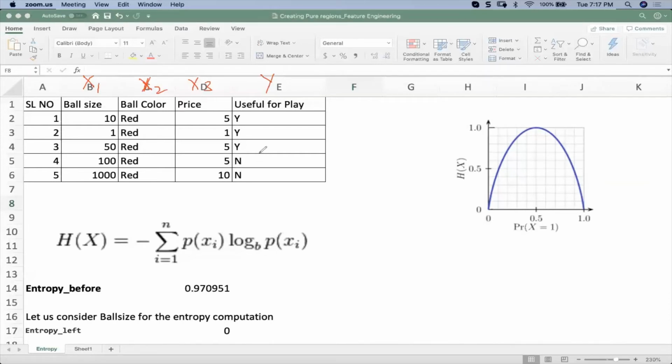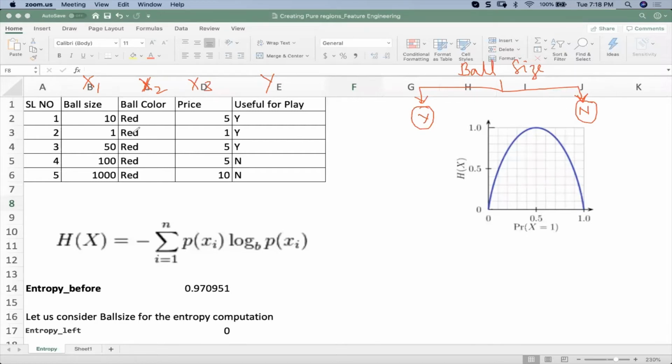So let us take ball size first and assume that we are using a decision tree. It's a two-class problem, so you'll have two decisions. On one side you'll have a yes, and on the other side a no. But what is the decision that you will take using ball size which will classify the output variable as yes or no?